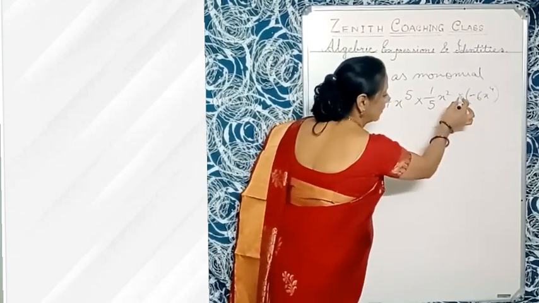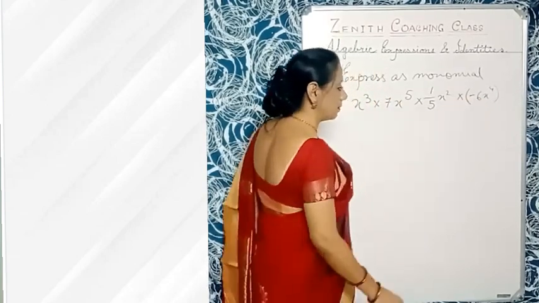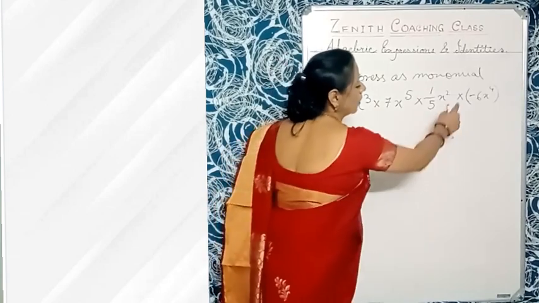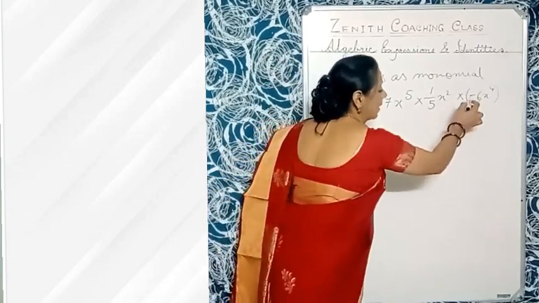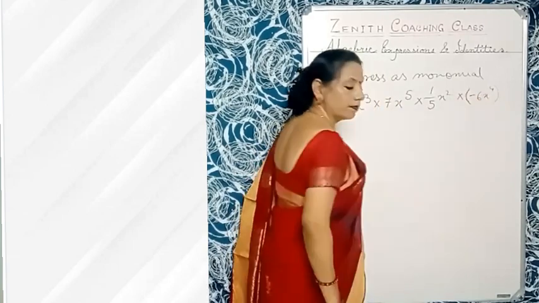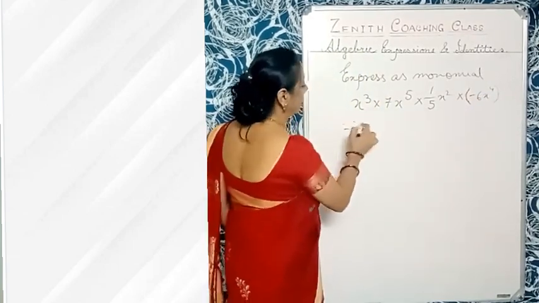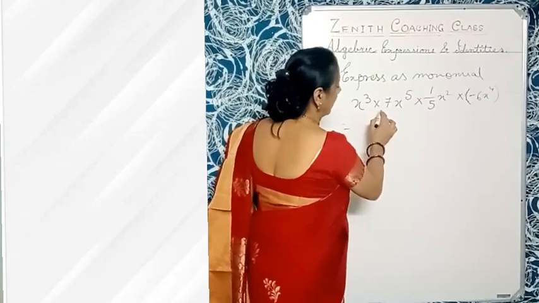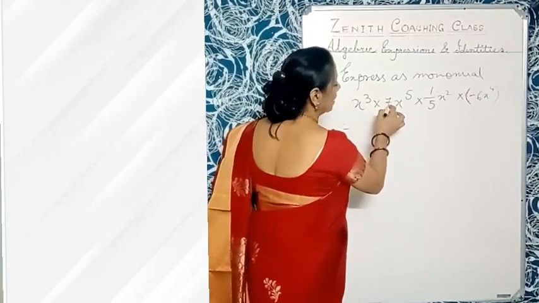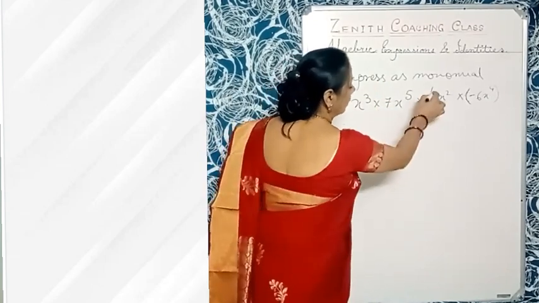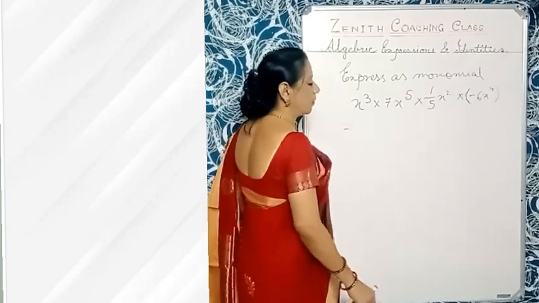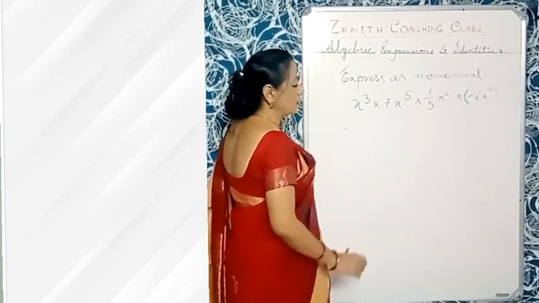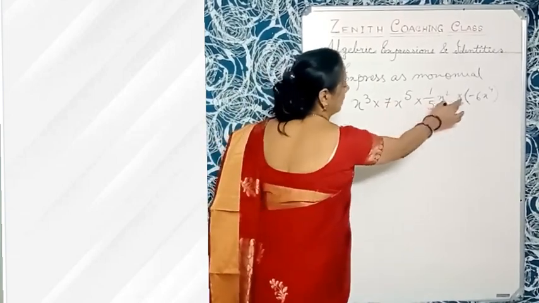Multiplication and subtraction signs together you cannot write, so in the case of a minus sign, we put a bracket. Now x cube multiplied by 7 x to the power 5 multiplied by 1 by 5 x square and minus 6 x to the power 4. What do we have to do first? We do the numerical part first.